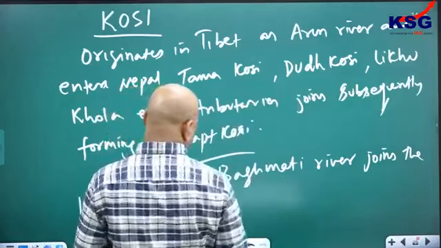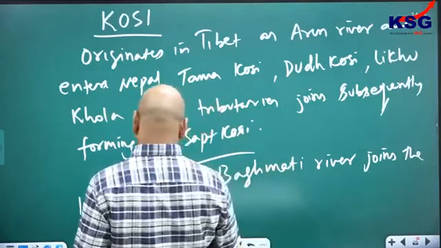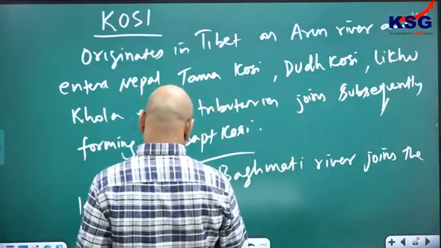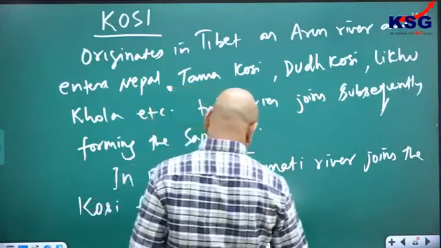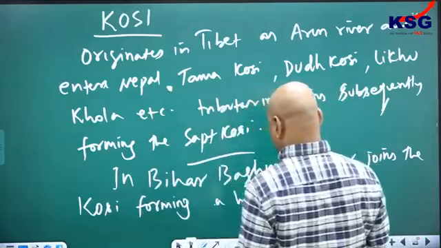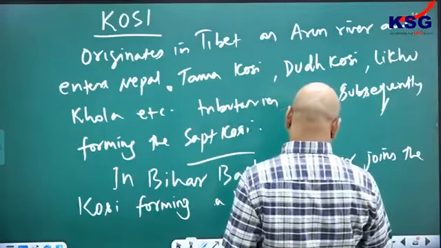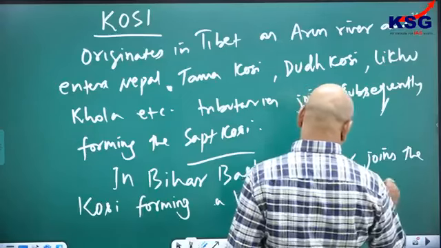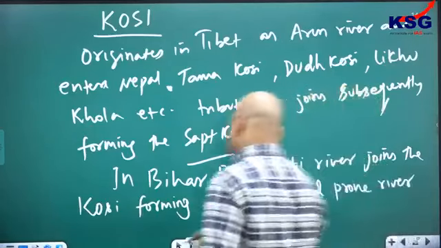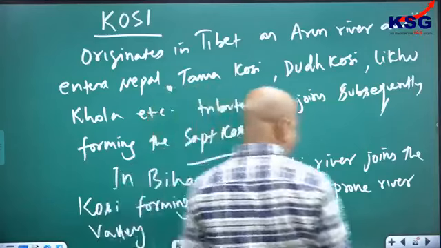In Bihar, Bagmati river joins the Koshi, forming a huge flood-prone river valley. बहुत ज़्यादा बाढ़ आता है इस पे.